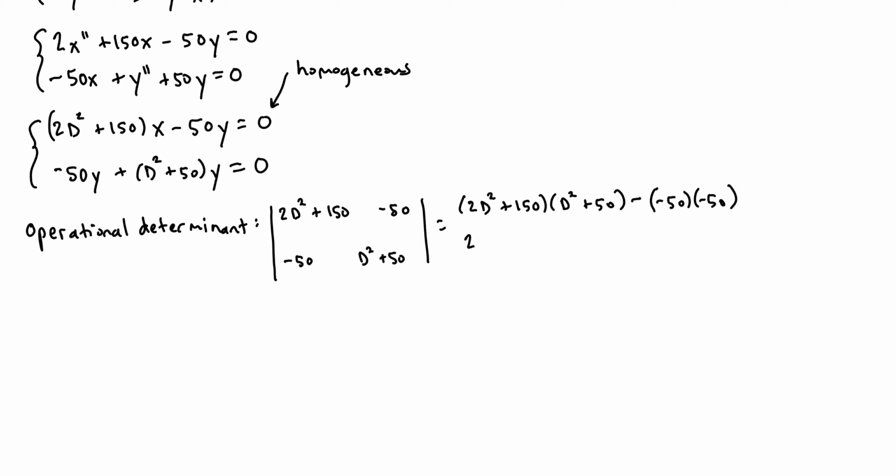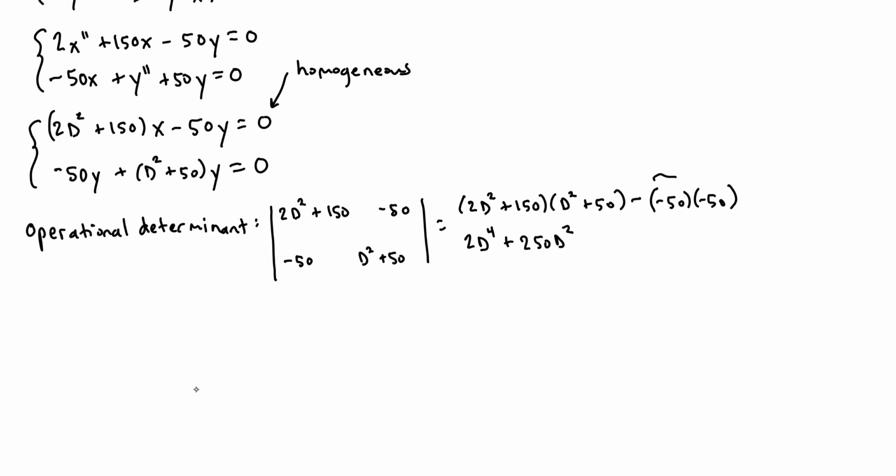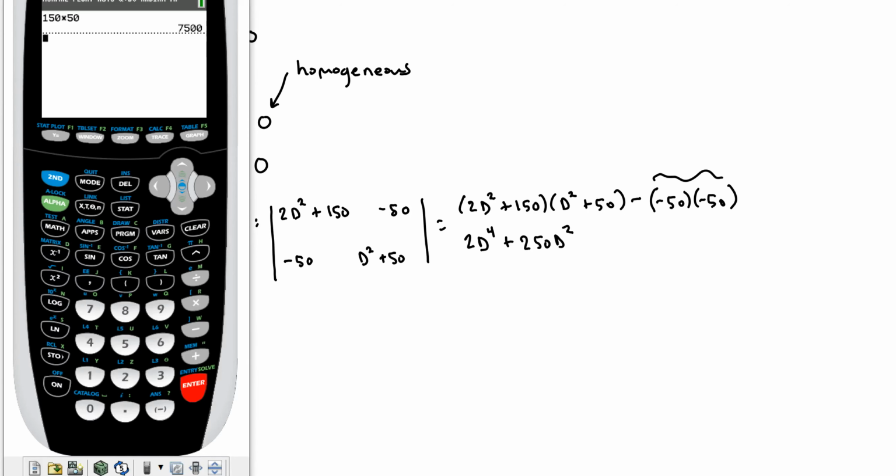How about 2D to the fourth plus, let's see, outside terms we have 100D squared, inside 150, that gives me 250D squared. 150 times 50, I'm going to grab my calculator here. 150 times 50, my brain's kind of tired. And we're going to go ahead and subtract here 50 times 50.